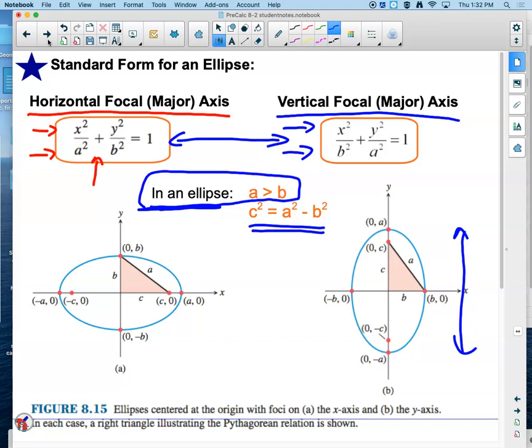So c squared is going to equal a squared minus b squared. And in fact, it just is using the Pythagorean theorem to figure out what c is. If you look at our little triangle here that has a hypotenuse of a, we would have c squared plus b squared equals a squared.